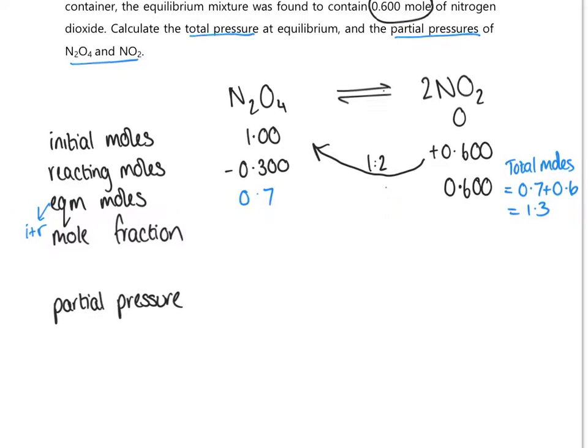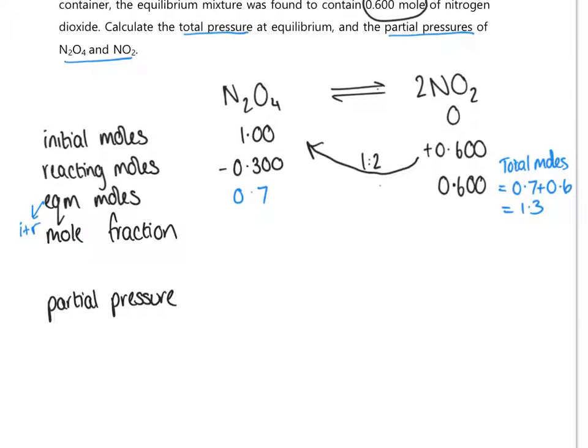So in order to work out our mole fraction of each of these, the mole fraction of dinitrogen tetroxide is going to be 0.7 over 1.3, and that is equal to 0.53846. And the mole fraction of nitrogen dioxide is 0.6 over 1.3, which is equal to 0.46154.